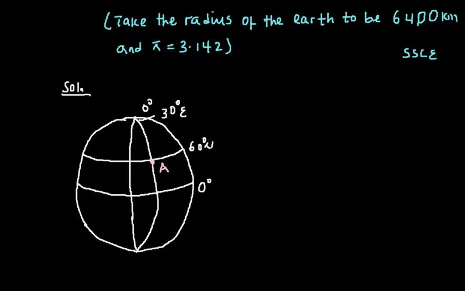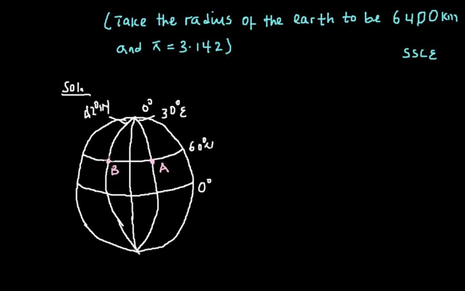So we are going to be drawing 42 degrees west. 42 degrees west will be on the left hand side of the prime meridian. Now the point B will be the point where 42 degrees west meets 60 degrees north, and that is the point here. So we have point B.